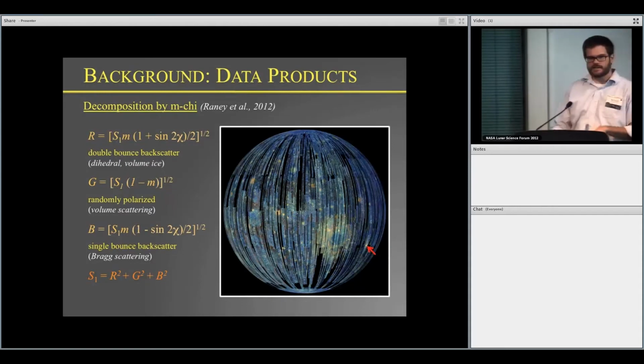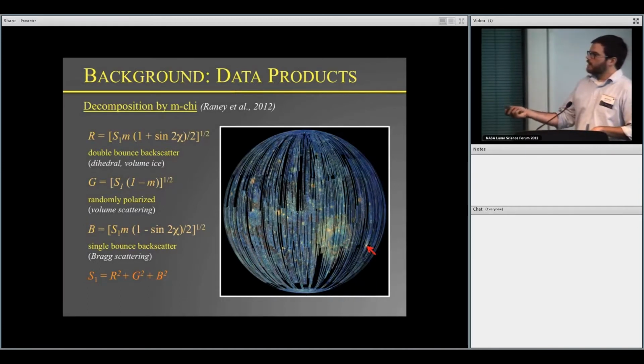And it's the m-chi decomposition. So basically we're decomposing the total power, or the first Stokes parameter, into its scattering components. What you see here are the equations for an RGB image where green represents the portion of the signal that is depolarized.